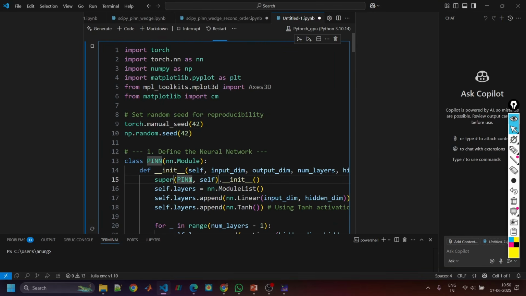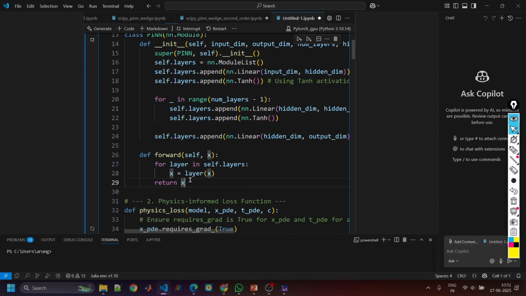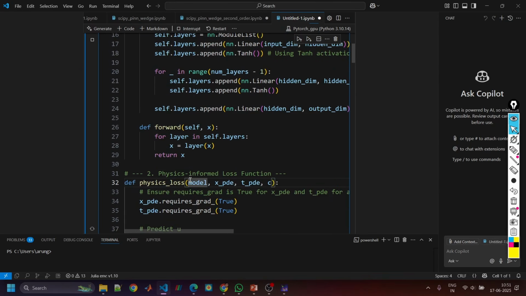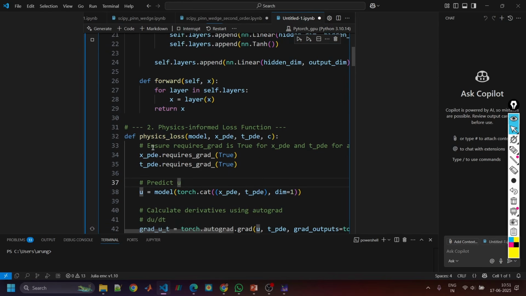So this is a standard neural network configuration that we already went through in our last session. And here we calculate the physics laws. In this problem, we have two inputs, that is space and time, so we ensure that we are calculating the gradient here.